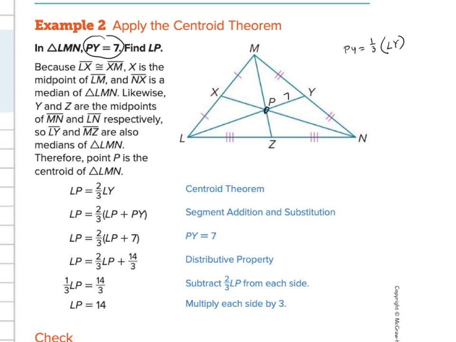So I can figure out the rest, because I know that PY is 7. 7 is equal to 1/3 of LY. I'm going to multiply by 3 to get rid of my fraction, because 1/3 times 3 is just 1. And then 21 is equal to LY. So the entire length is 21, and we know that this is 14, because it is 2/3 also.